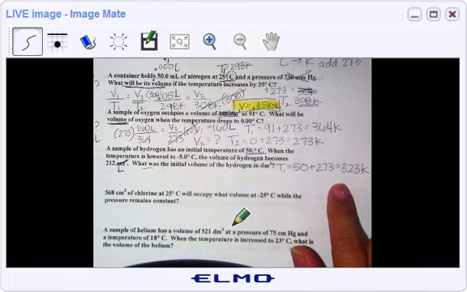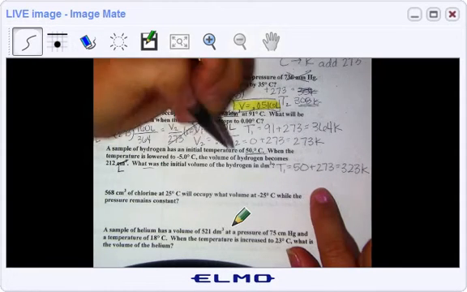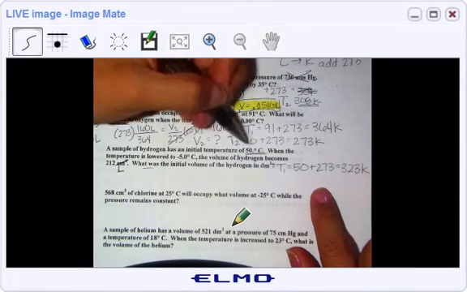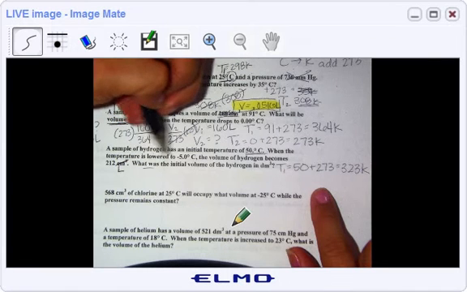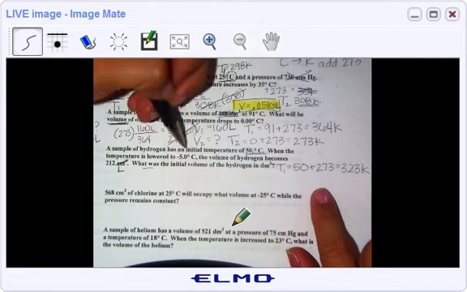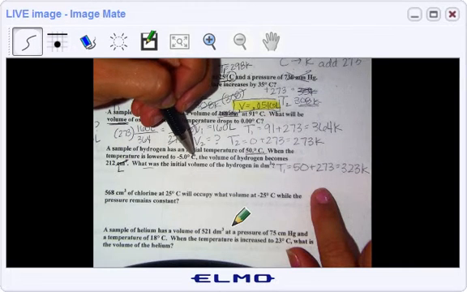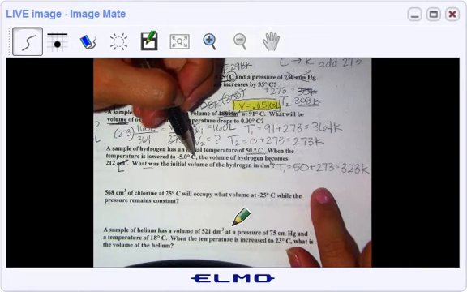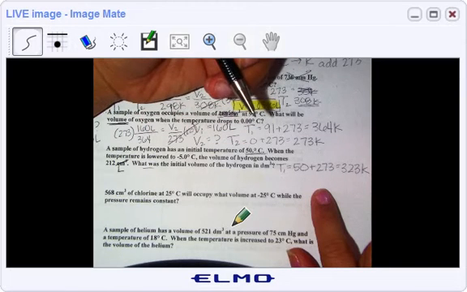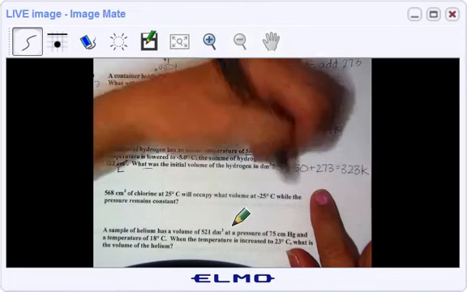Yes? Okay. And then the temperature is lowered to negative 5.0. Okay, when the temperature is lowered, it's my T2.